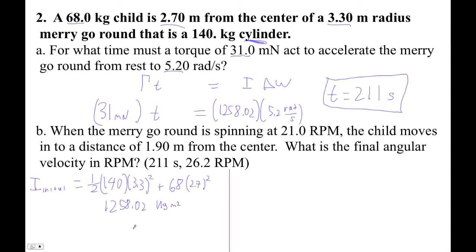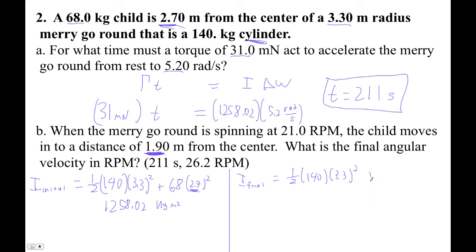Okay. And then now down here, we want to use I1 omega 1 equals I2 omega 2. Okay, so to do that, we've got to find the final moment of inertia, and that's going to be this, the merry-go-round doesn't change. So 1/2, 140, it's a cylinder, right? 3.3 squared, right? And then the child moves in. They were at 2.7 meters, right?